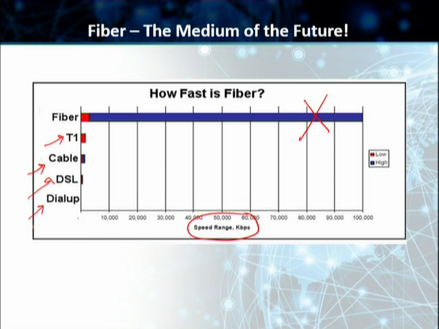So your dial-up is history. Your DSL is almost history now. Cable is still there. Your T1 lines can compete at low speed ranges as well. But when you talk about high speed ranges, high data rates, fiber is always the winner and the medium of the future.